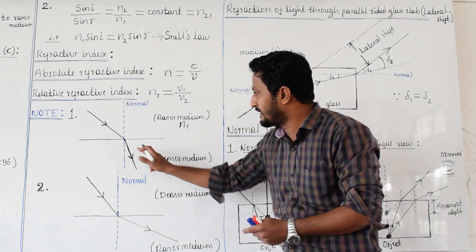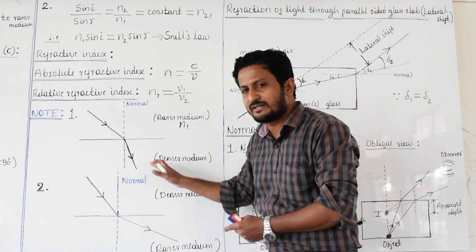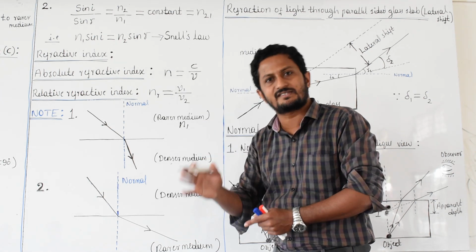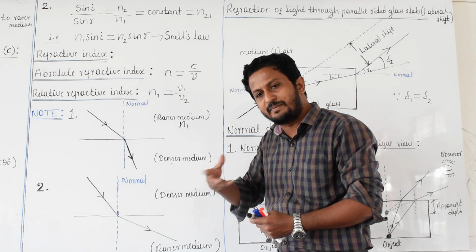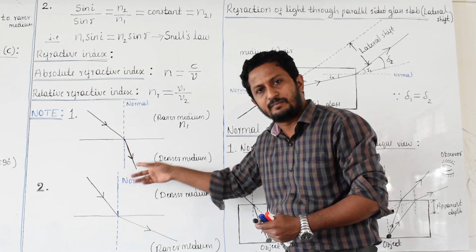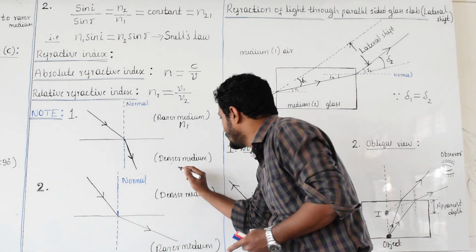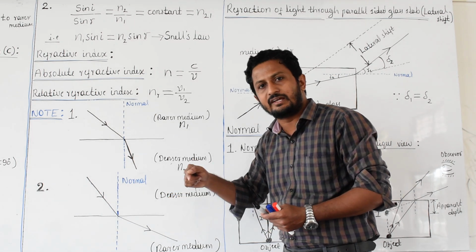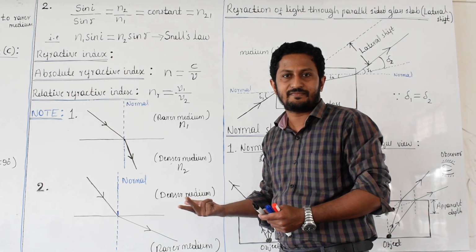Okay, now you come here. The light ray entered into this second medium. When light enters a different medium, obviously there is a change in its speed. In that medium, the light ray has its own value for that speed. So that is n2, here you take n2. This n2 tells the speed of light in that second medium.